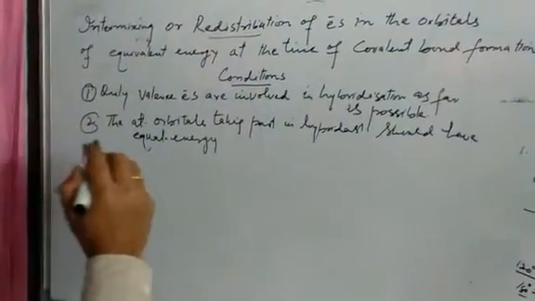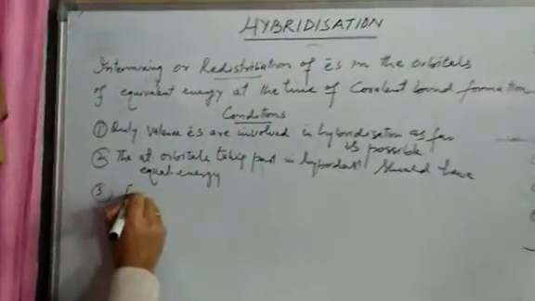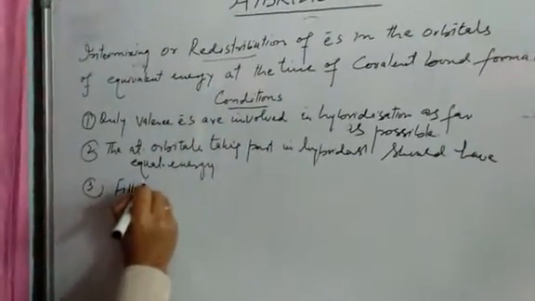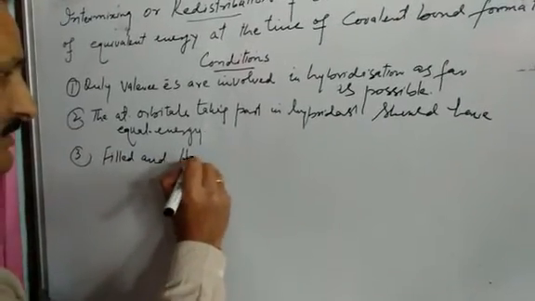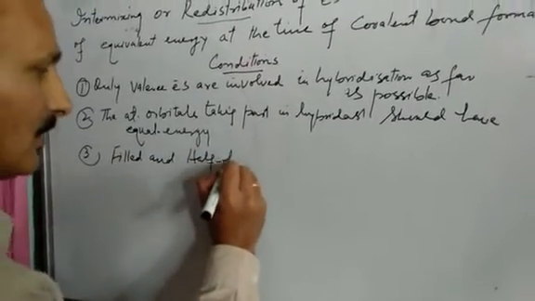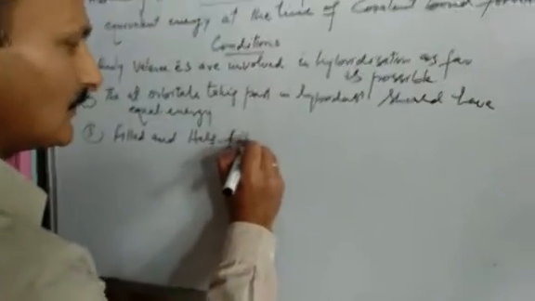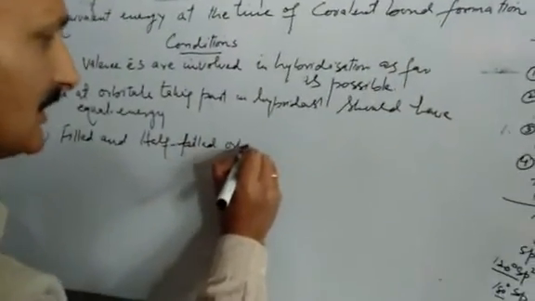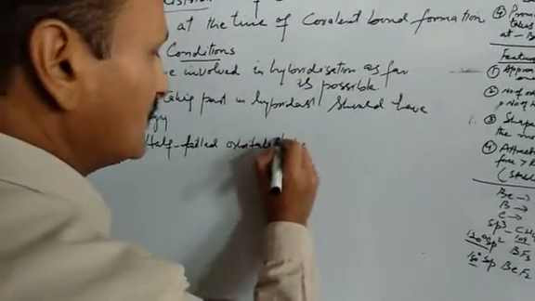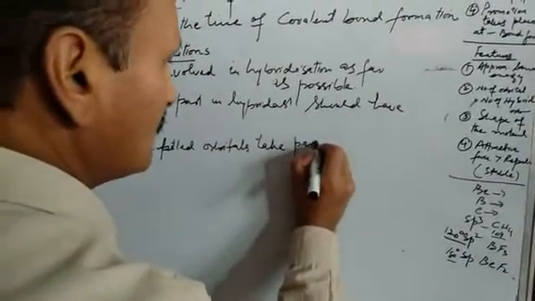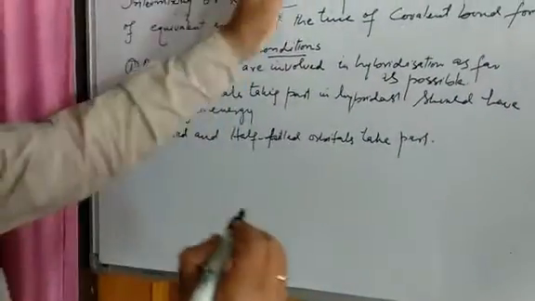Then one more condition is that sometimes filled and most of the time half-filled orbitals take part, but most of the time only half-filled orbitals hybridize.